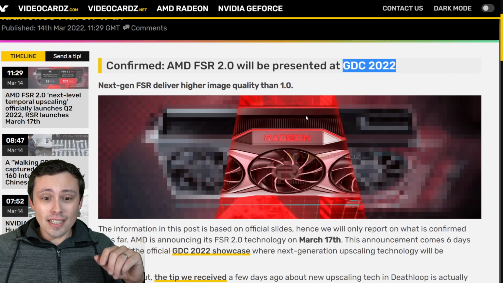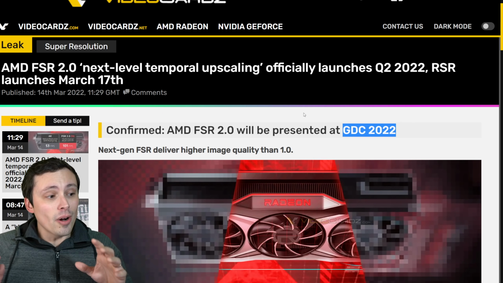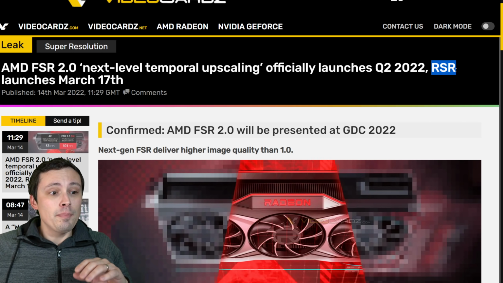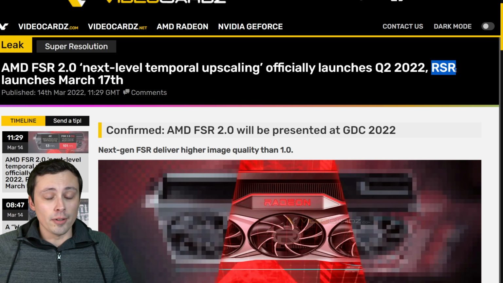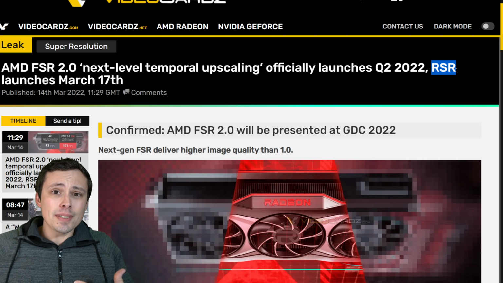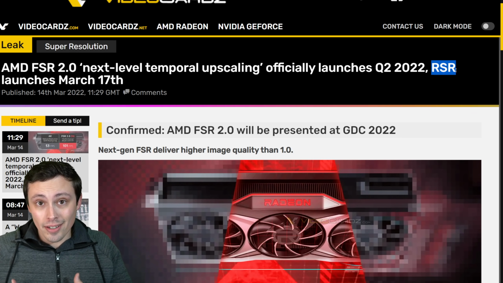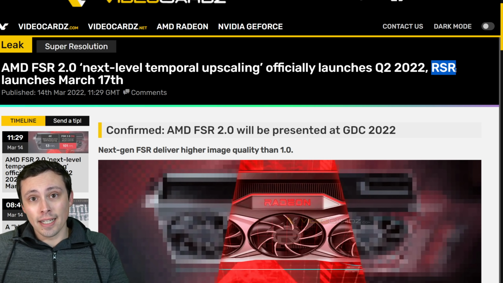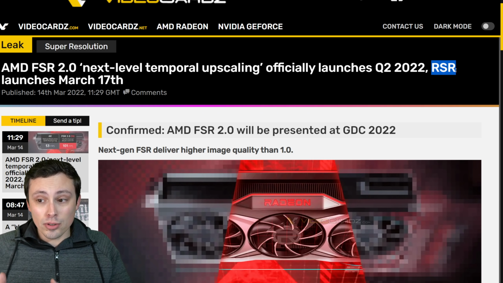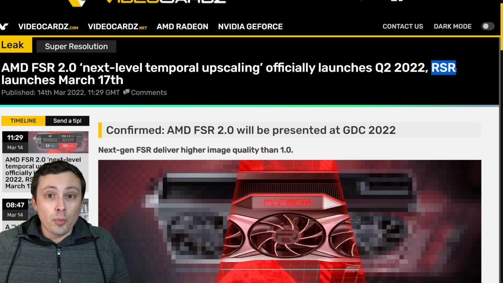But anyway, let's first dig into what's the difference between RSR and FSR 2.0. So RSR is basically doing something similar to what people have already done with FSR 1.0. There are apps like Magpie and Lossless Scaling that I've even reviewed and demonstrated on this channel that take FSR 1.0's upscaling algorithm, because that was released open source, and then just apply it to pretty much any window.